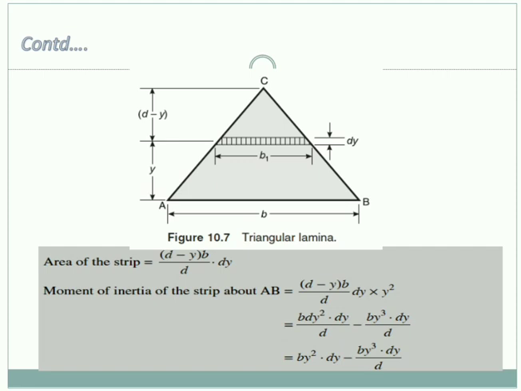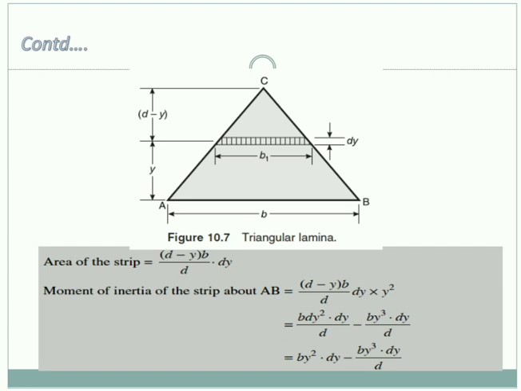Therefore, moment of inertia of the strip about the base AB. Okay, we are taking the base AB as the reference in this case. How will you find the moment of inertia? Area of the strip multiplied by the square of the perpendicular distance. Now, the perpendicular distance in this case of the strip with respect to the base AB is y.